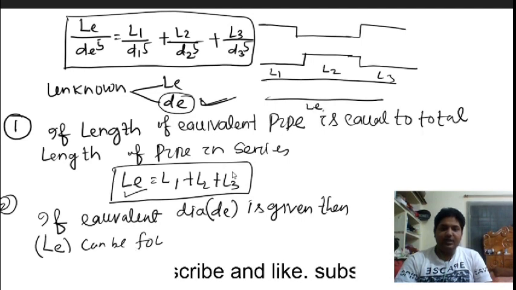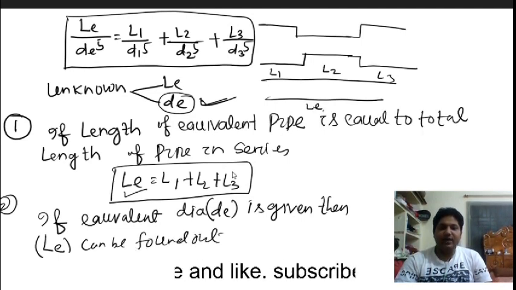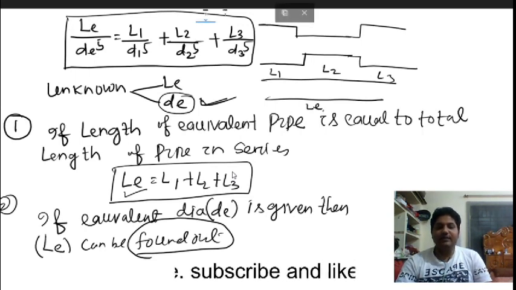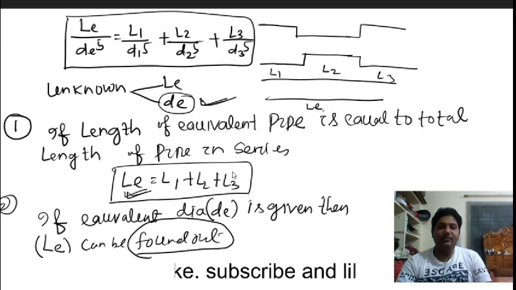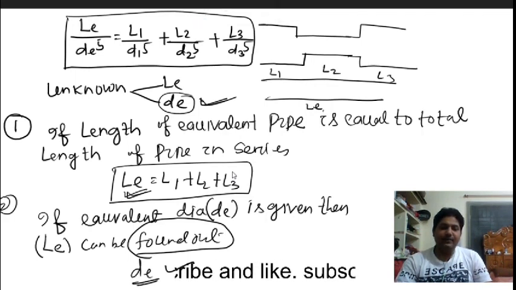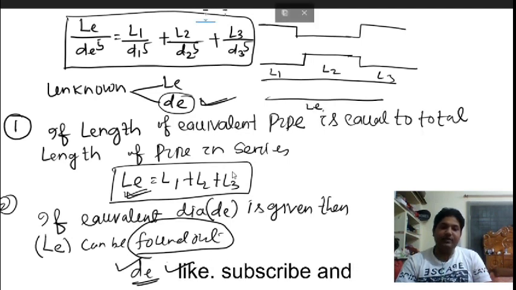So in a numerical, any one of the values is given to you. If it is not mentioned in the problem, then you can find the equivalent length by adding the individual pipe lengths, and use the formula to find the equivalent diameter of the pipe. If the equivalent diameter is given to you, then you find the equivalent length of the pipe. This is all about the pipe in series.